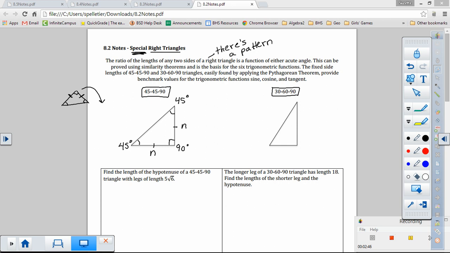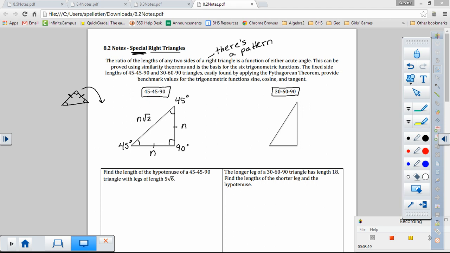And the hypotenuse in this triangle is always the side length n times the square root of 2. So if the side length was 7, the hypotenuse would be 7 square roots of 2 in length. You could find that out decimally if you really want to know what 7 square roots of 2 was equivalent to. But it's more accurate to say 7 square roots of 2. I know we've talked about that in the past.